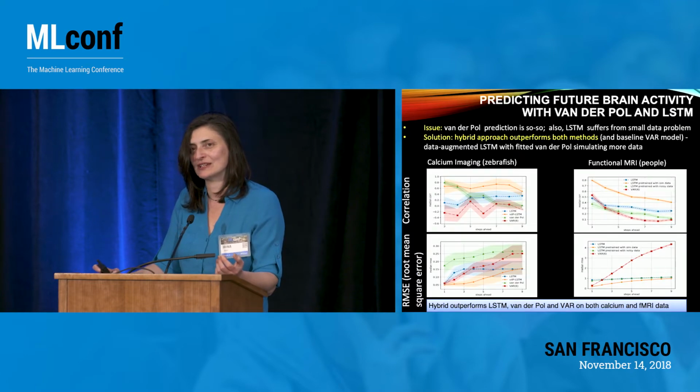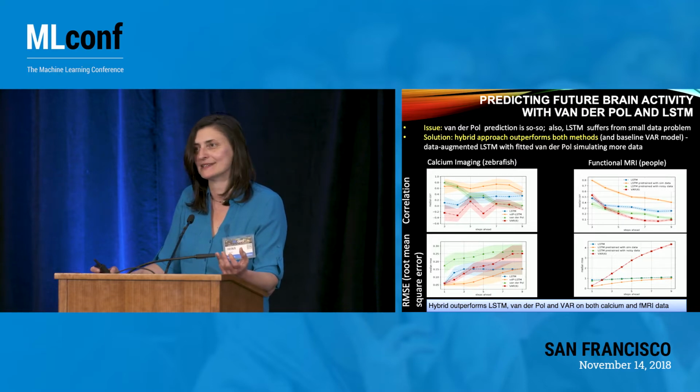But the next question is, how do you predict? That's the most interesting part. How do you predict the future evolution of brain activity? If you abstract from the brain, you could use such an approach for any high-dimensional, complex, coupled dynamical system, be it weather or stock market or you name it.